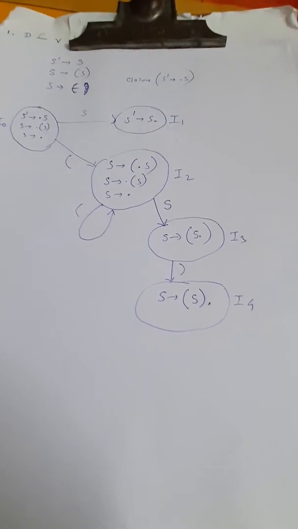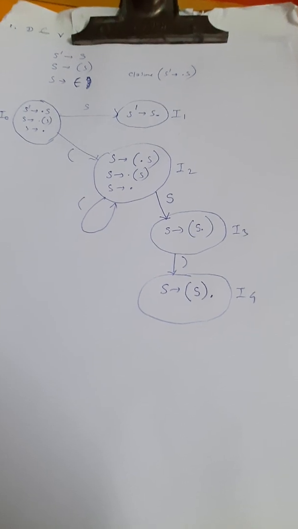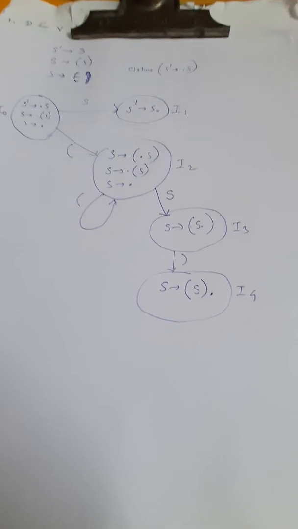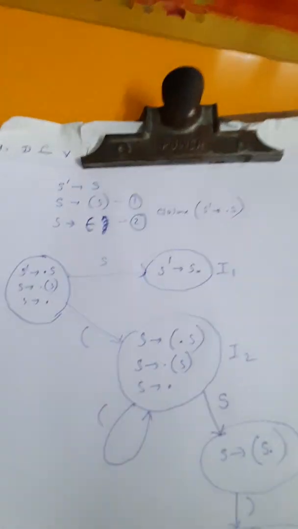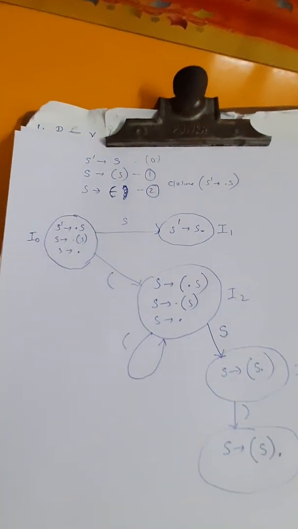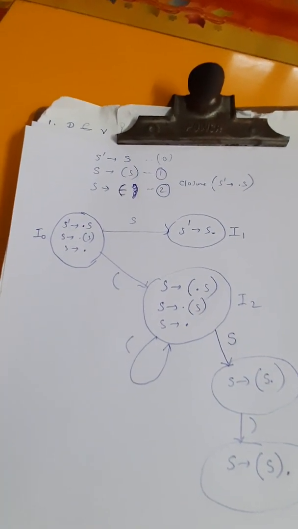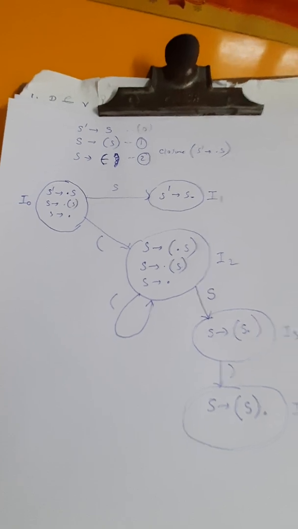Now we are in a position to construct the parsing table itself. Which were the original rules? This was rule 1, this is rule 2, and let's say this is rule 0. Now we have to construct the parsing table.